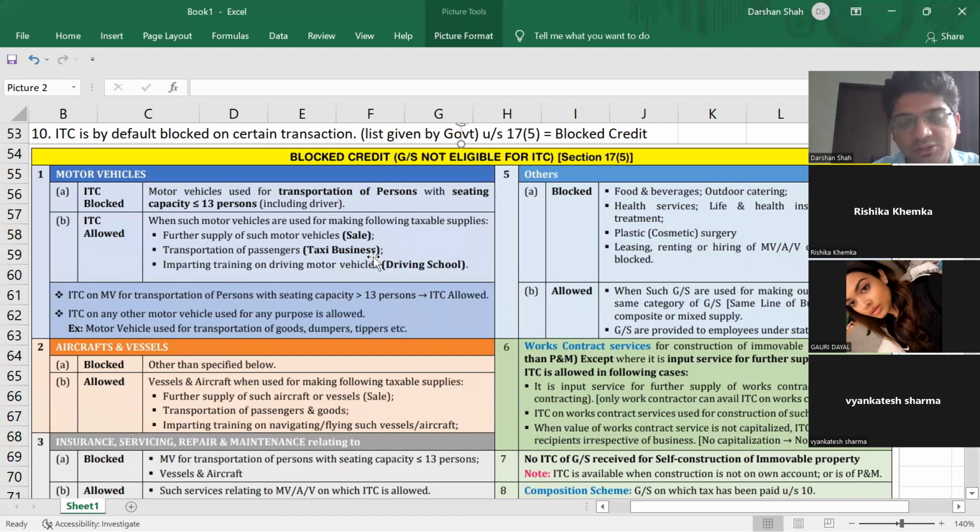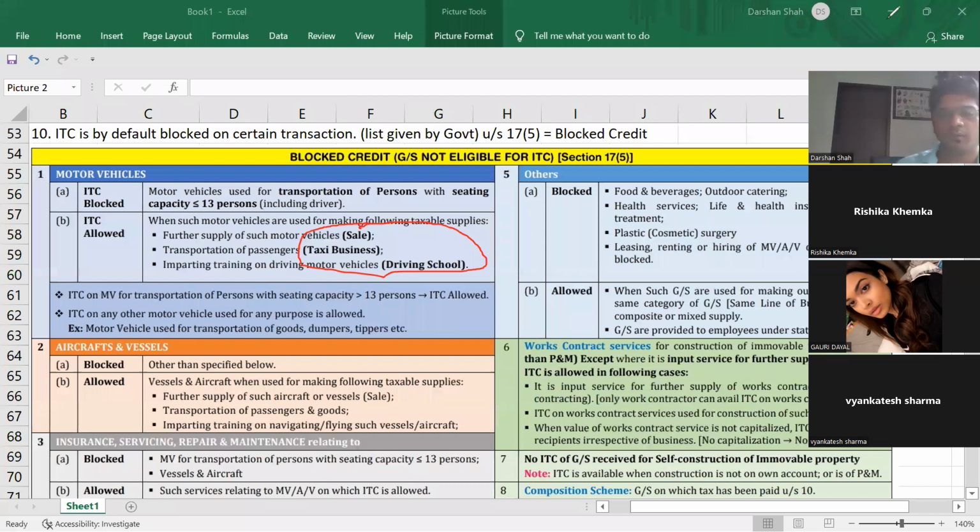For taxi business, if you are into Ola, Uber business and you are purchasing a small car, it is allowed. If you are running a driving school and you are purchasing a small car, it is allowed. But if you are not into these three businesses, small cars ITC not allowed, small buses ITC not allowed, only big buses ITC allowed.